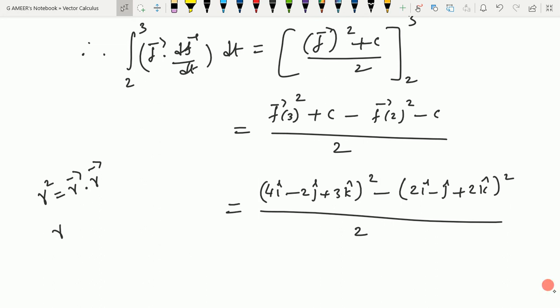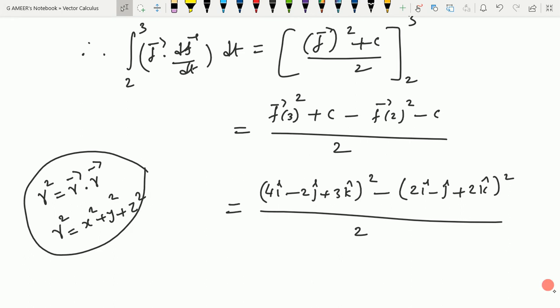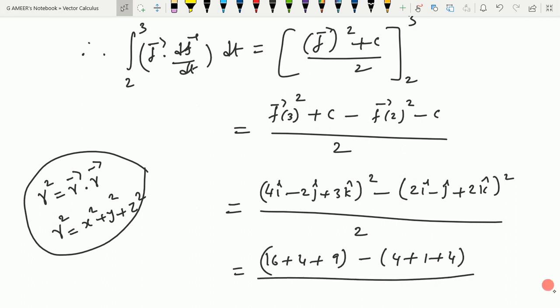That means the dot product of the vector with itself. So r square can be written as x component square plus y component square plus z component square. So what is 4 square? It is 16, 2 square is 4, and 9, so 29, minus 4 plus 1 plus 4, which is 9, divided by 2. Now 29 minus 9 is 20, and 20 by 2 is equal to 10.